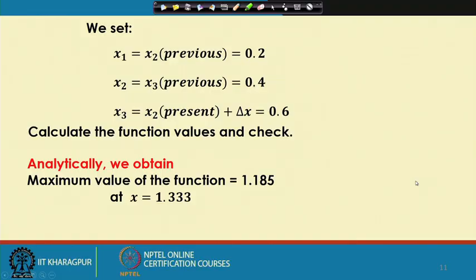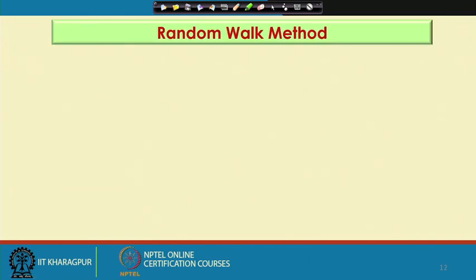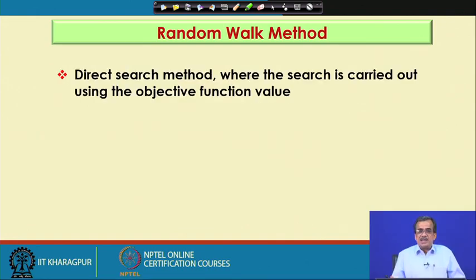Now, I am just going for another tool that is known as the random walk method. Now, this random walk method is nothing but a direct search method. Here the search is carried out using the information of the objective function value.